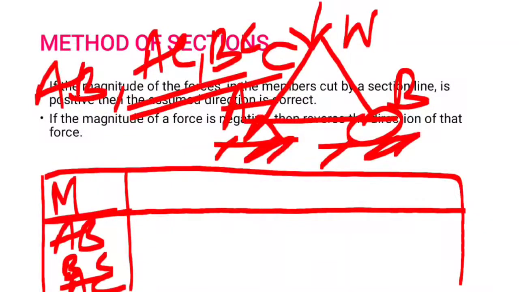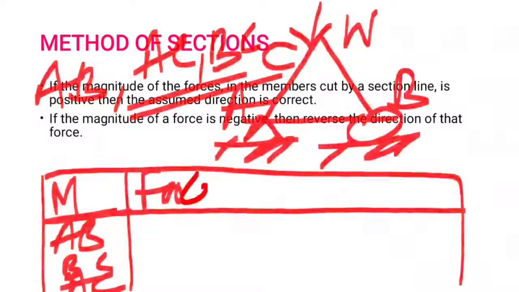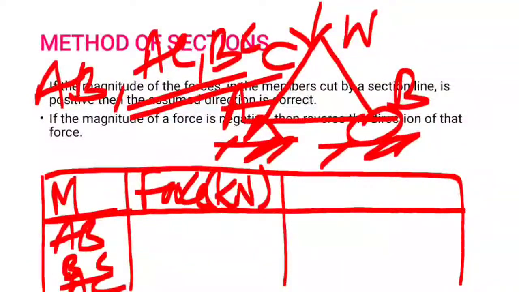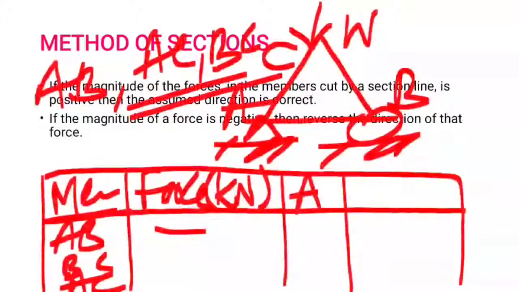Then you write the force value in kilonewtons. For AB, the member force is some value X or Y that we get. First column is member, next column is force, next column is area.